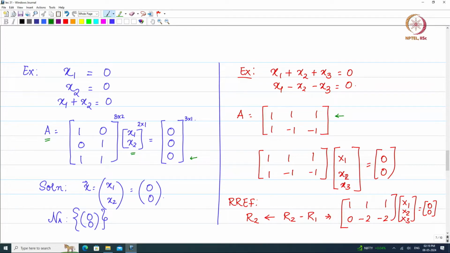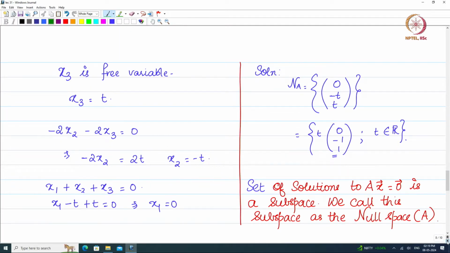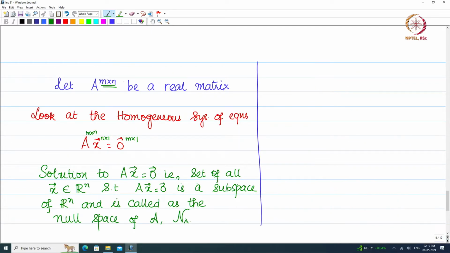And in this case, where we had a wide or fat matrix, we figured out that the null space is basically another line passing through the origin. So, what do we understand from here? We generalize this result and say that the set of solutions to Ax equal to 0 forms a subspace of the vector space Rn, because the matrix A transforms an n component vector to an m component vector.